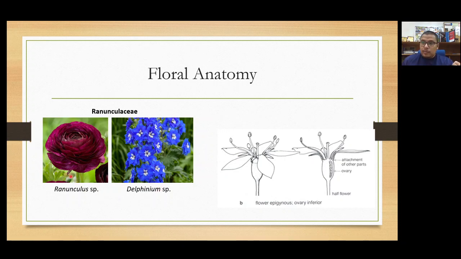So Ranunculus has the achene and the Delphinium here has the follicle. So they can differentiate between the two. This is based on the successive reduction in number of ovules, ultimately to one.